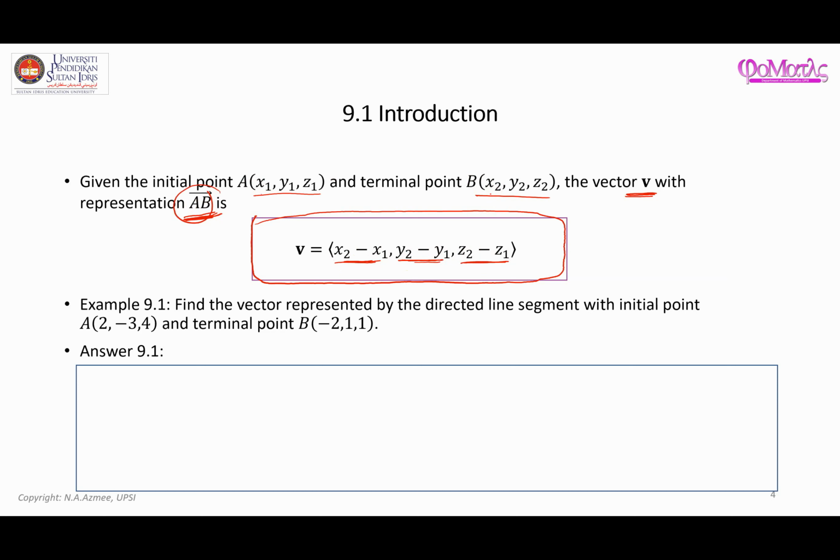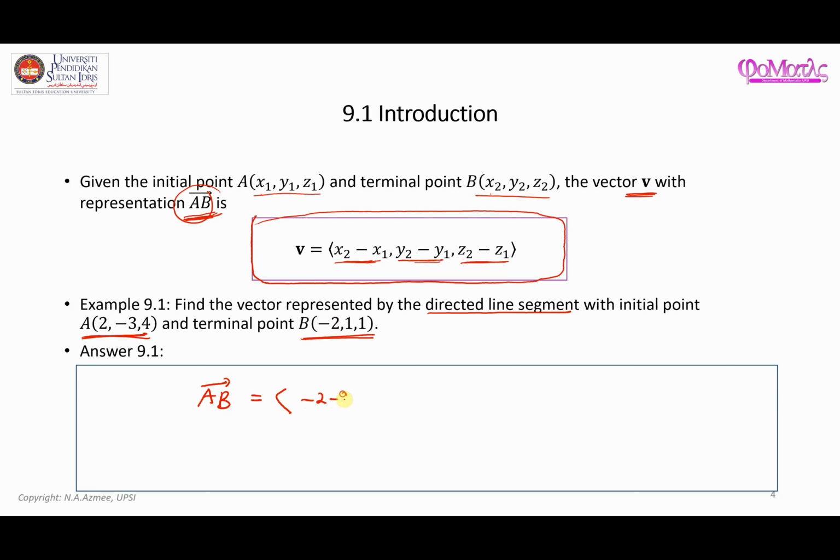Okay, so now let's look at this very simple example. Find the vector represented by the directed line segment with initial point, this is the initial point, and the terminal point is this one. So the vector here is represented by from point A to B, and it can be represented by -2 minus 2.